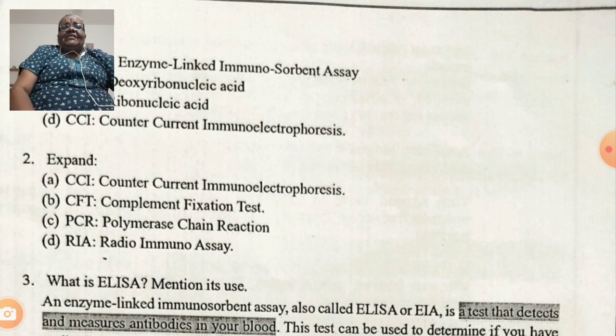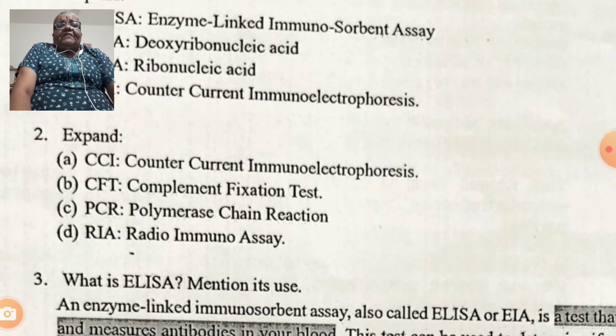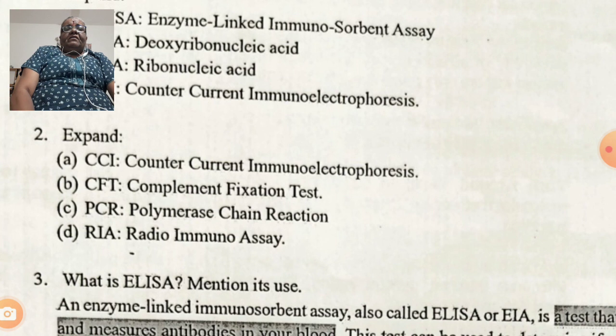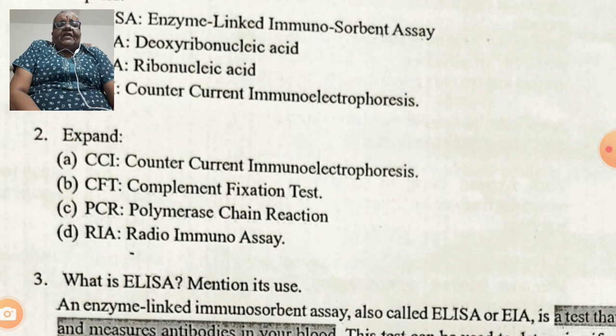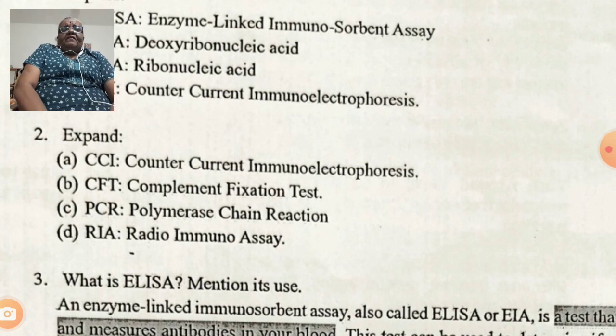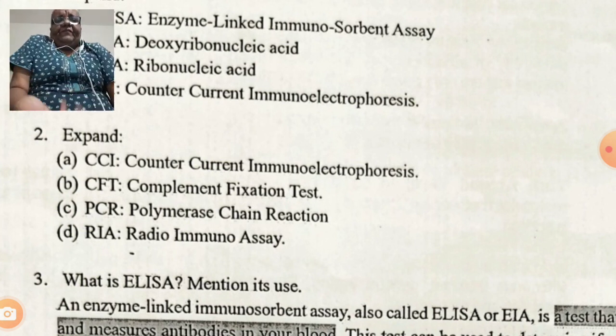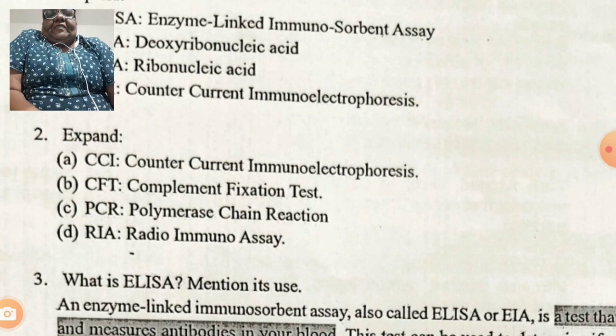Then we shall go to the second question, which is again the expansion of epithets. Here the first epithet CCI is actually sub-question D of question number 1, the same counter current immunoelectrophoresis, which I am going to brief you on when I talk about it.